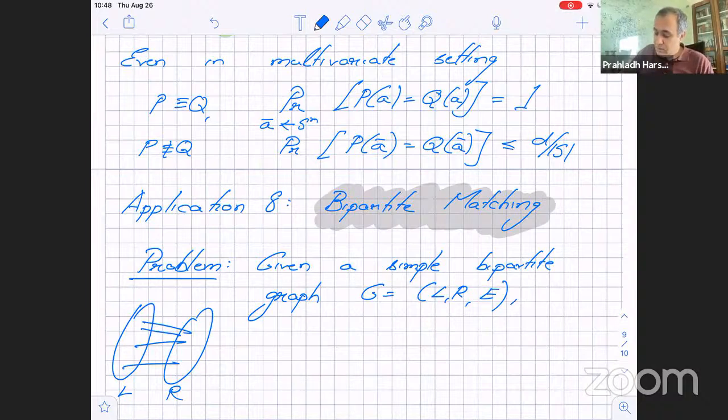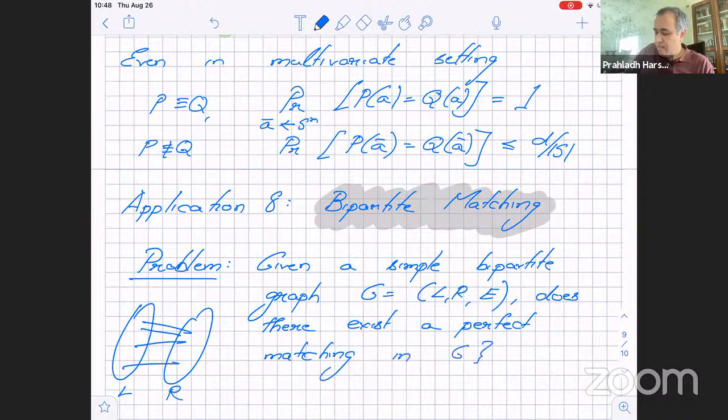I want to ask the question: does there exist a perfect matching? That is, can I pick a subset of the edges so that every vertex in L is mapped to a vertex in R and the other way around, with exactly one vertex each?